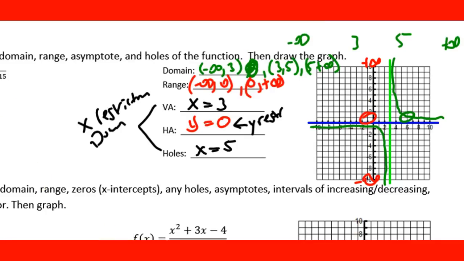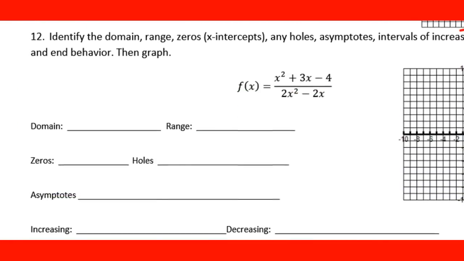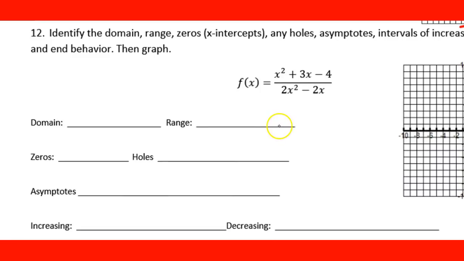Now, let's go back to look at number 12. All right. Real quick, let's go ahead and identify the horizontal asymptote. They're the same degree. So we're going to divide the leading coefficients. This one's 1, this one's 2. So we have y equals 1/2. All right.